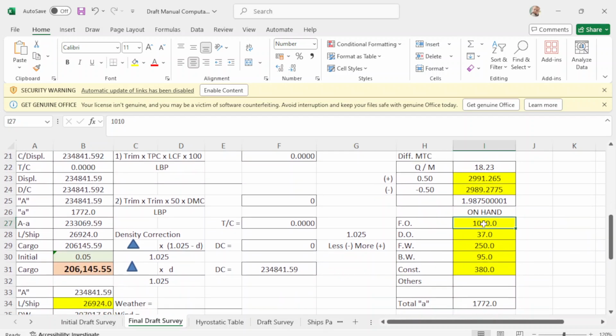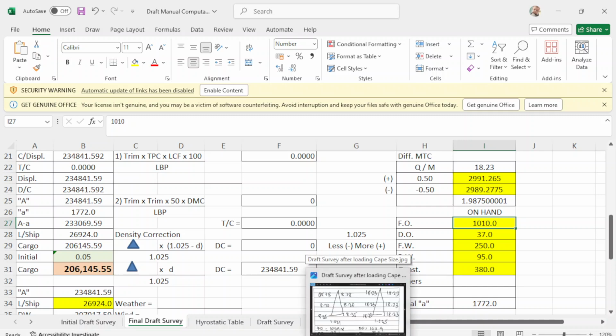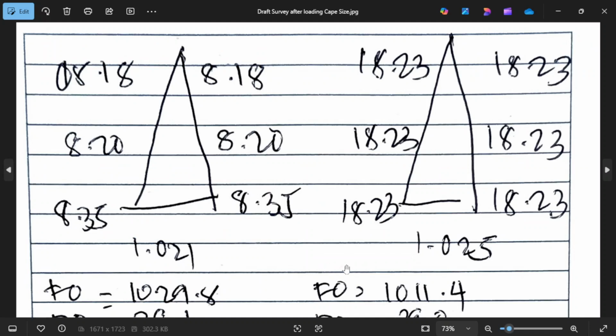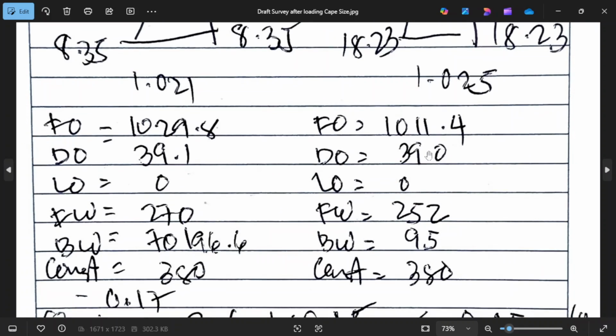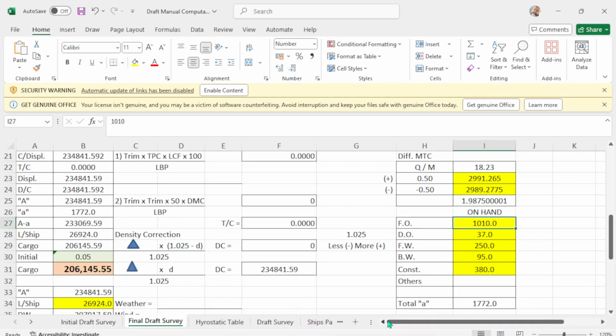So fuel oil, how much is fuel oil in the final draft survey? It is 10.11.4. So you put 10.11.4, and your DO is how much?